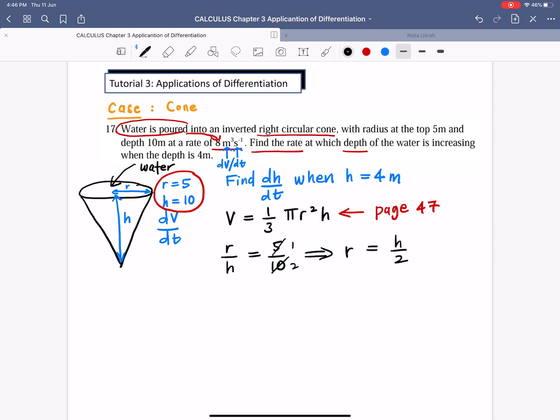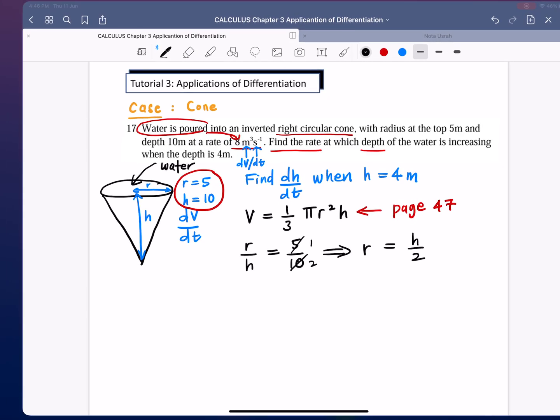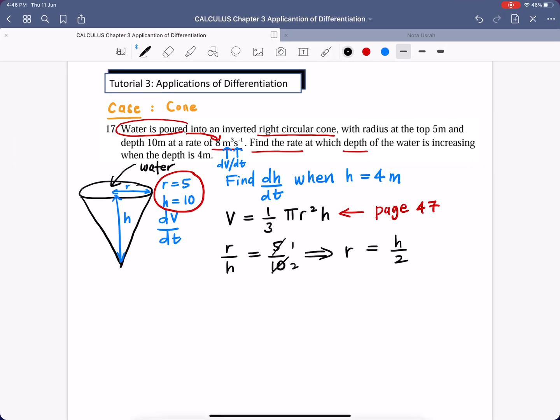We now have that the volume equals 1 over 3 pi r square h. What we will do next is substitute r equals h over 2.